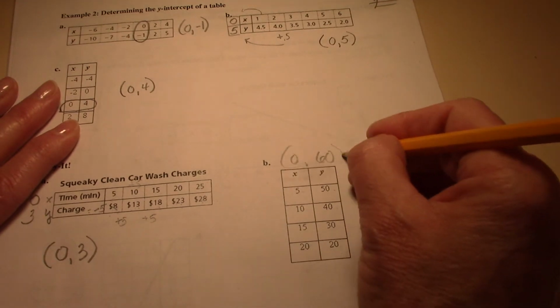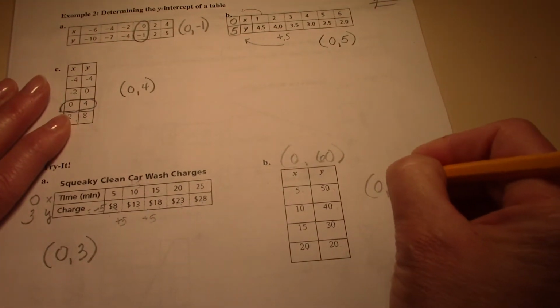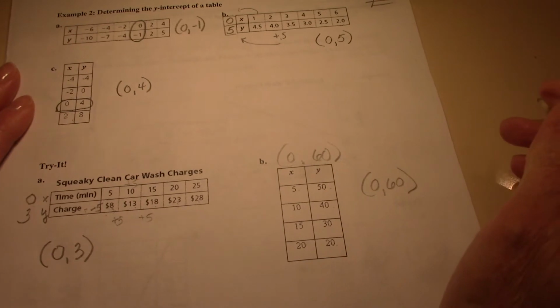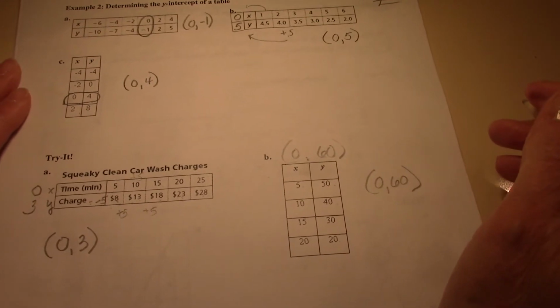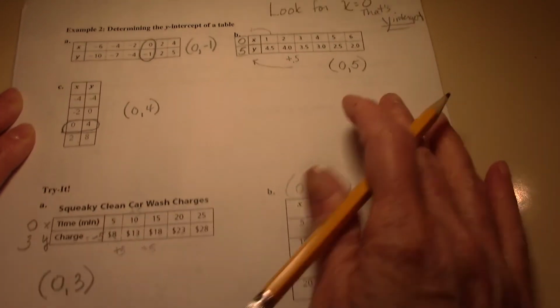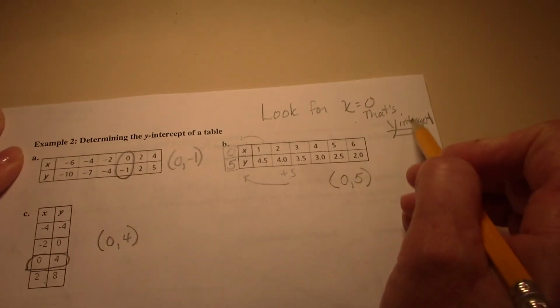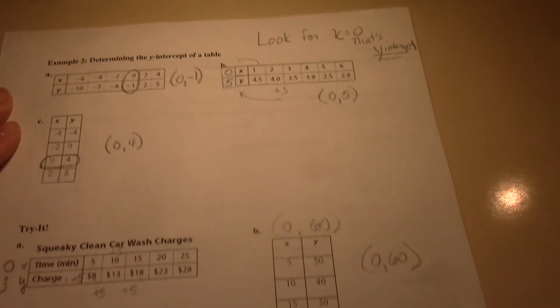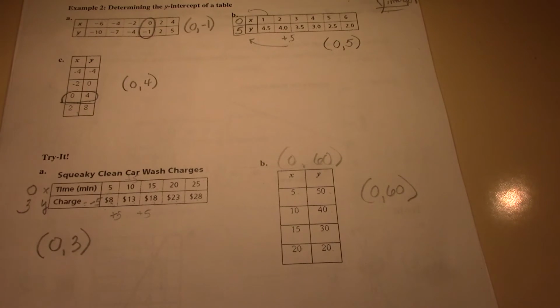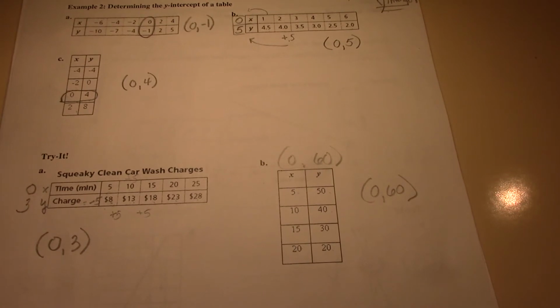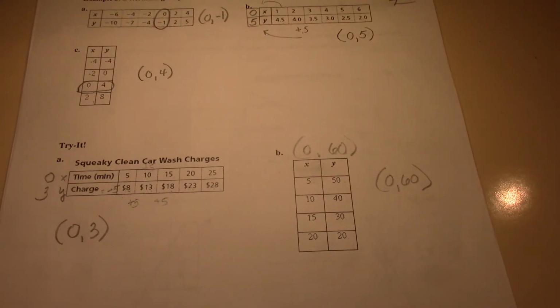There's your y-intercept at 0, 60. All right? So again, look for the 0. Look for when x is 0. That's the y-intercept. And if you can determine that by going backwards on the table or forward, whatever it takes, look for the pattern to get to x being 0.